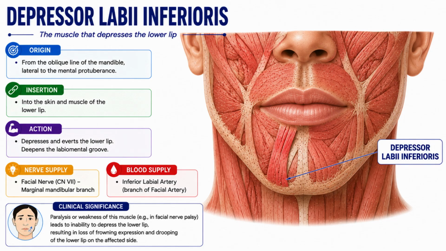It gets its nerve supply from the facial nerve, especially from the marginal mandibular branch, and blood supply from the inferior labial artery. Any paralysis or weakness of this muscle leads to inability in depressing the lower lip, that results in reduced facial expression, especially the sad expressions.